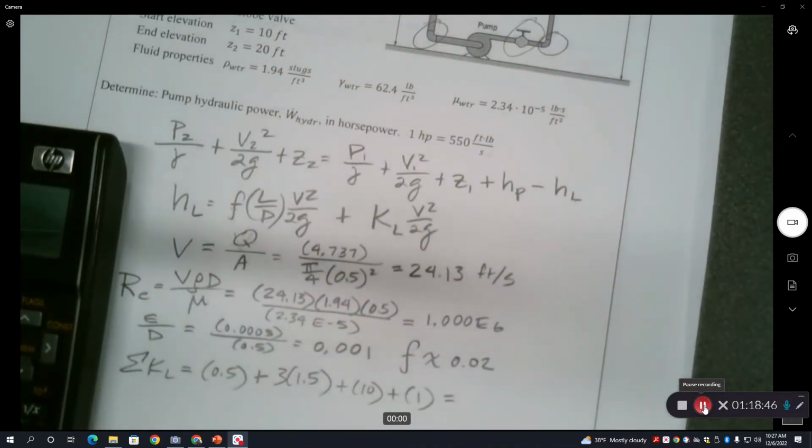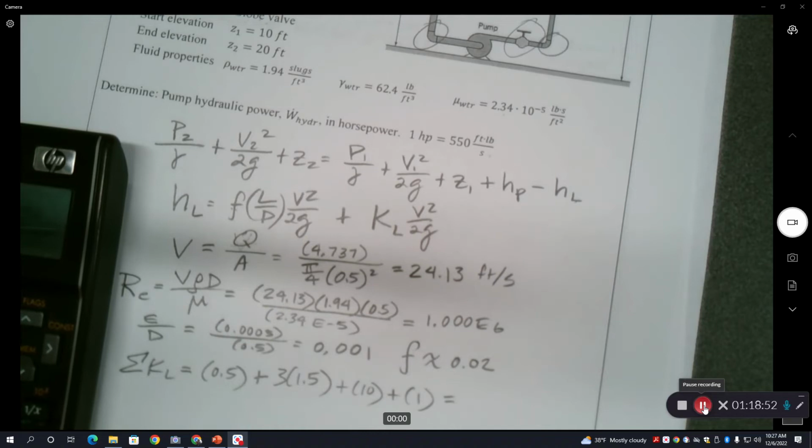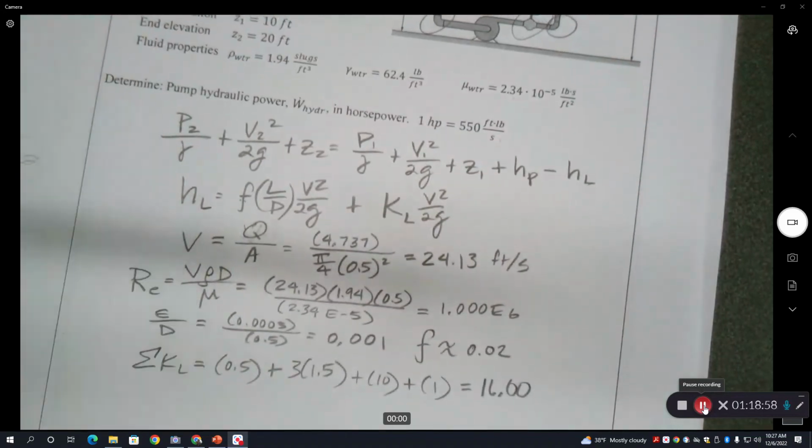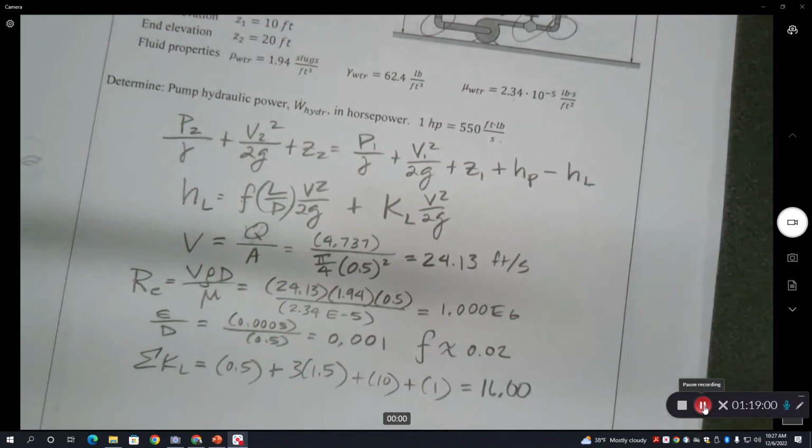And so I think I get 16 as my total KL. Let me see what I did before in the past. Did I get a total? Didn't even write it down.